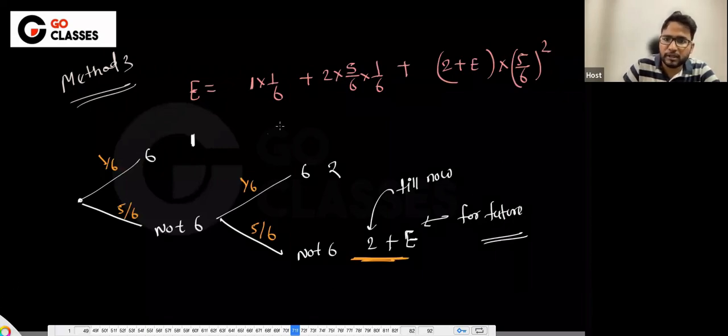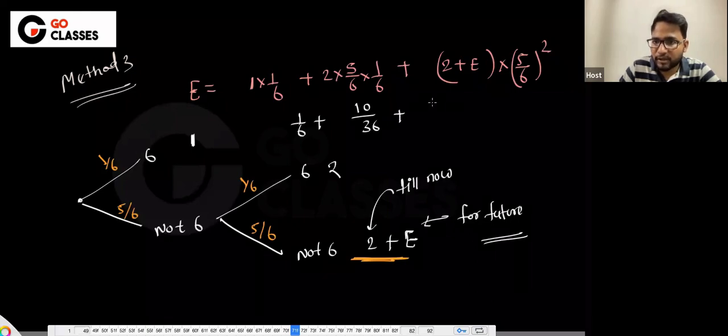Can anyone solve this, and tell me what answer you're getting? 25/36, 2 plus 25/36. So this is 1/6 plus 10/36 plus 25/36, and 50/36 plus 25/36 E. This is E.